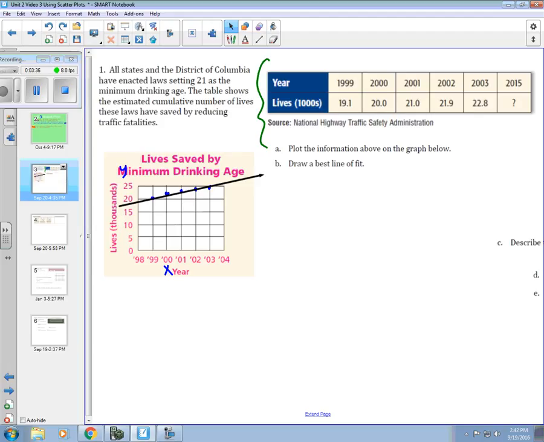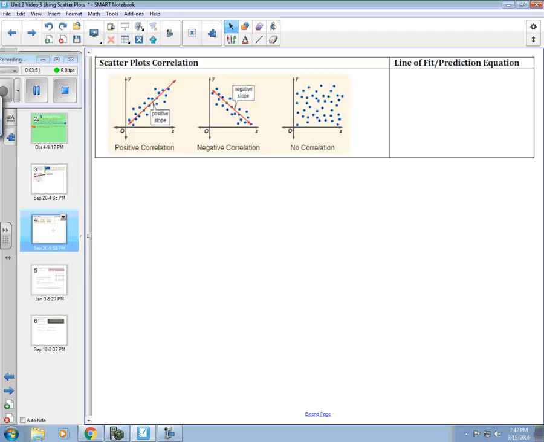All right, part C now. Next thing we're going to do, we're going to look at what kind of correlation this is. Correlation talks about the generalization of that line. There are 3 types of correlation. Positive correlation, that's where your lines in general slant up and to the right.